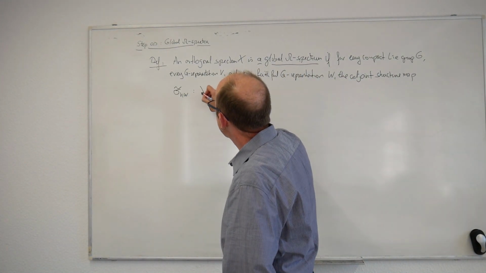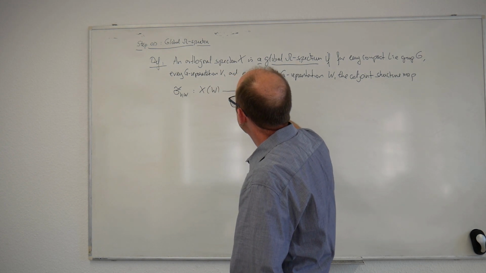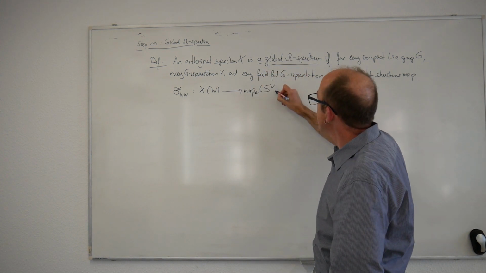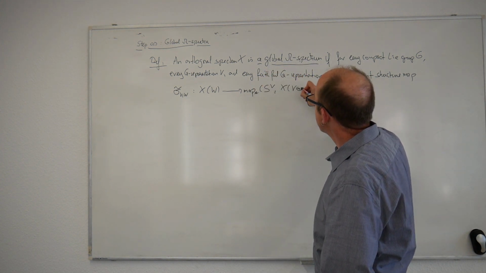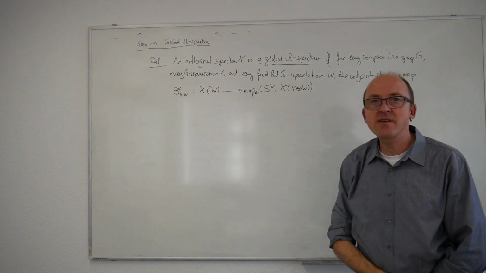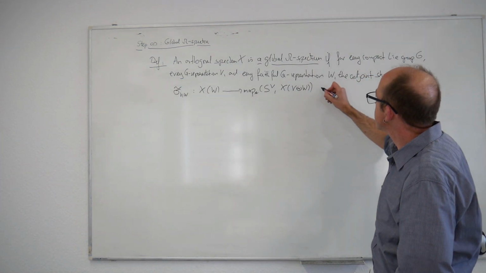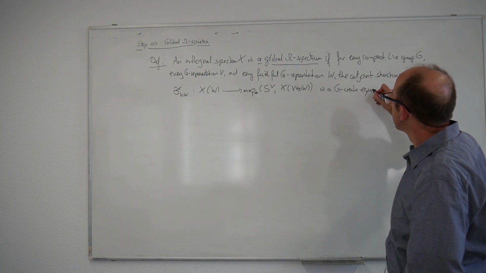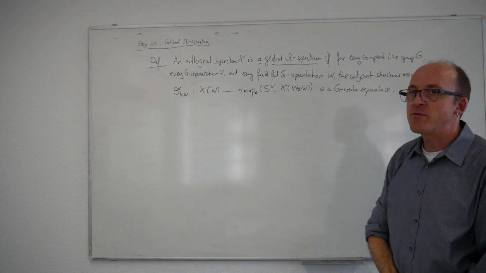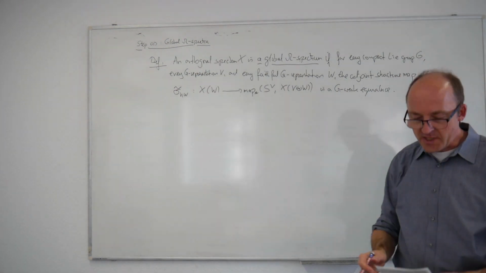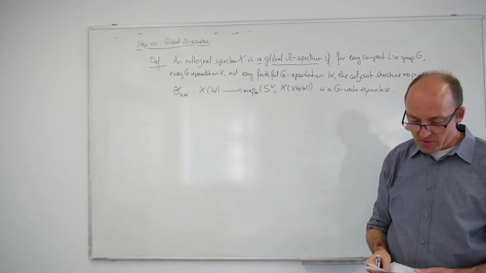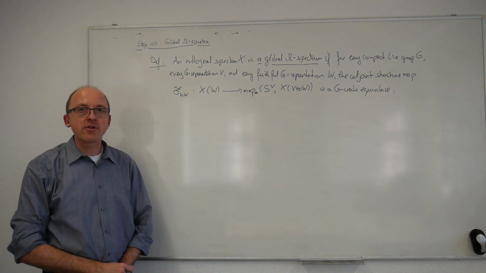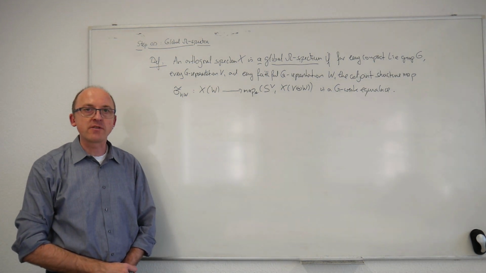So this is the map which goes from the value of X at W to the space of based maps from the sphere of V into the value of X at V plus W. And on this space, the group G acts by conjugation, and this is a G-weak equivalence. Which, as before, means that for every closed subgroup of G, on fixed points, this map induces a non-equivariant weak equivalence. This is a very important definition, and I would like to offer some comments on this definition.